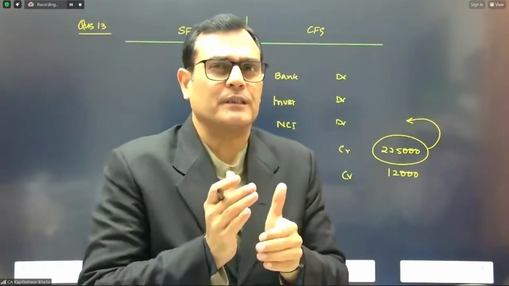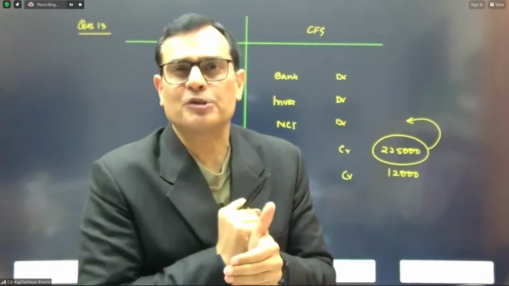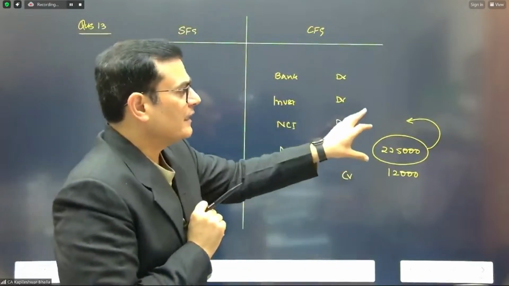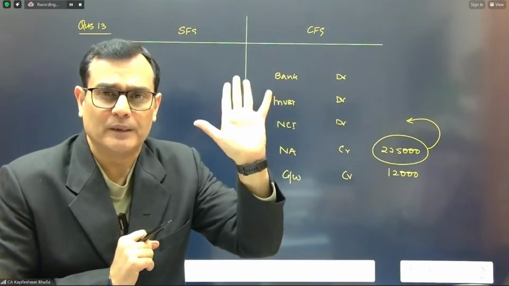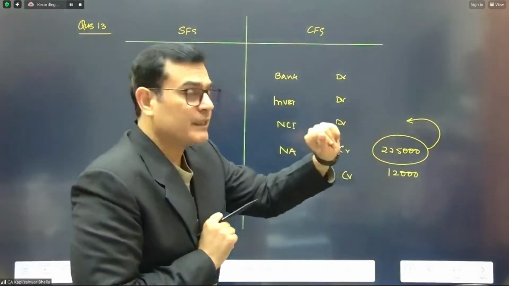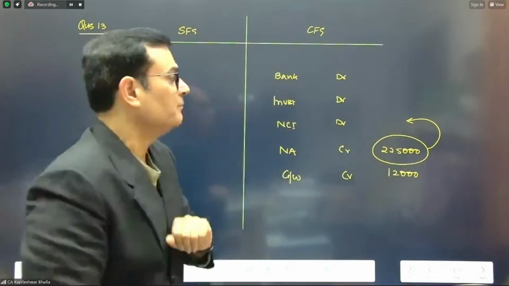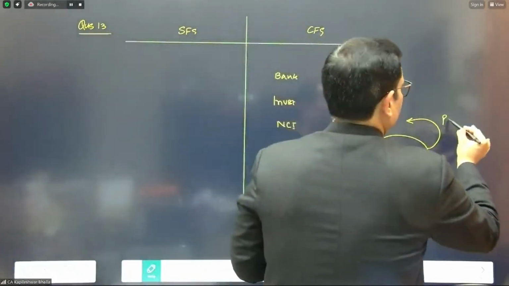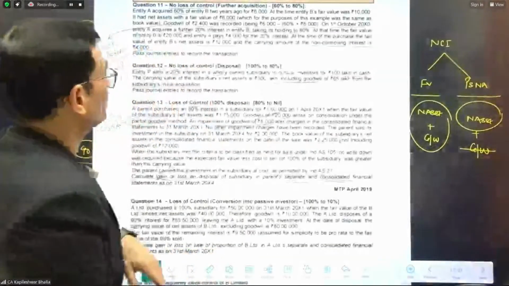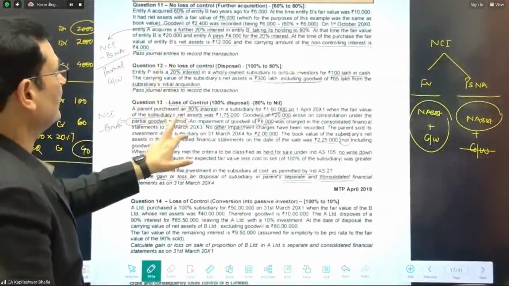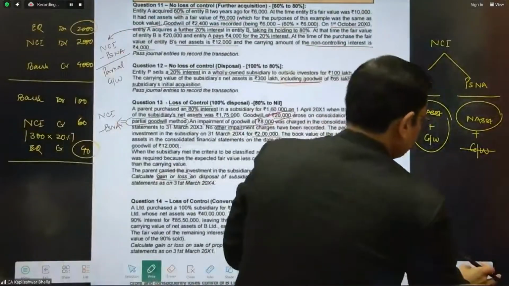So when you're going to consider the NCI figure in this entry, you need to be conscious of whether NCI is at proportionate share, then take a share in the net assets without goodwill. If the NCI is at fair value, you need to take the share in the net assets plus the goodwill. So in this case, we are considering proportionate share. So in this particular case, we know there was a 20% NCI because 80% was with the parent.